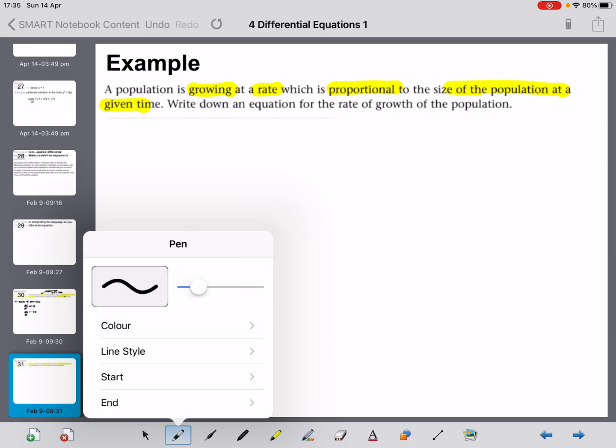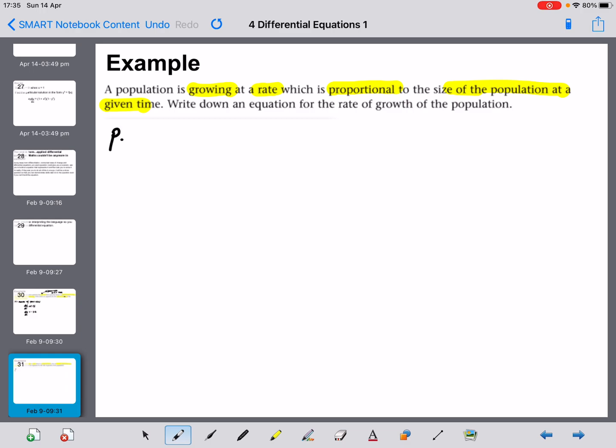If I use P for population, then the rate of change of the population, dP by dt, is proportional to the size of the population at the given time. Okay, so there it is, a statement of proportionality, which we can then make into an equation by putting an equals and including the letter k.